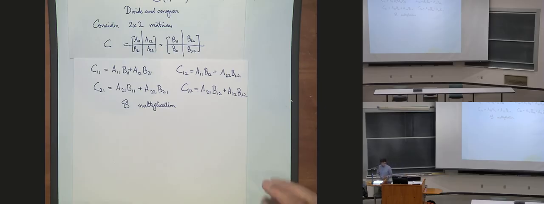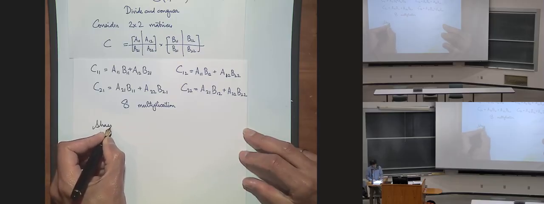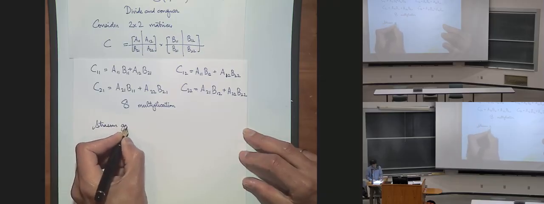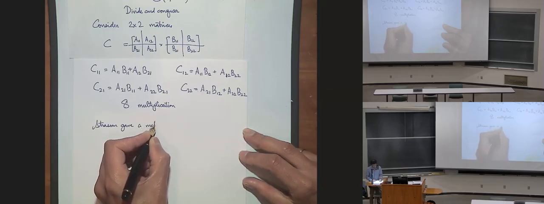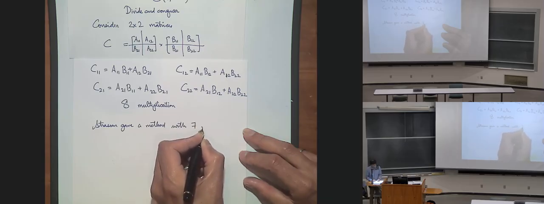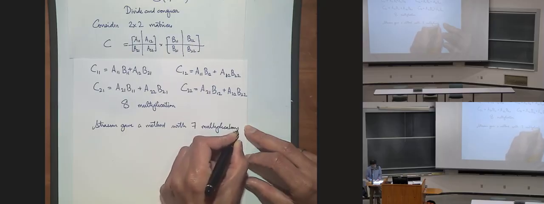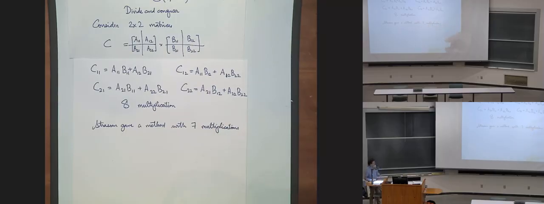So what Strassen showed is a method with 7 multiplications. And just like Karatsuba, he added these other things. It's pretty crazy what he did.